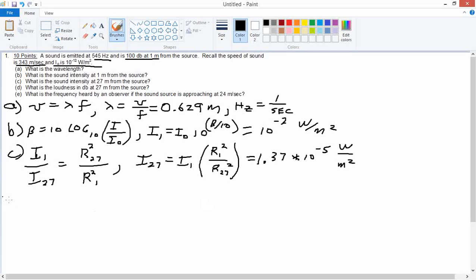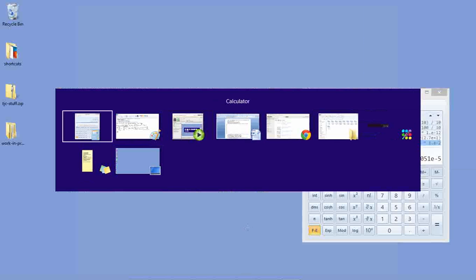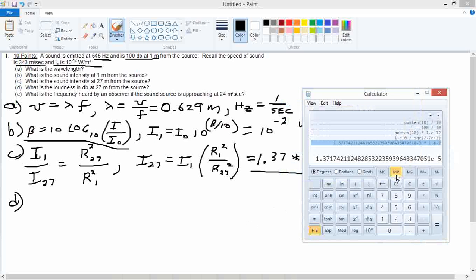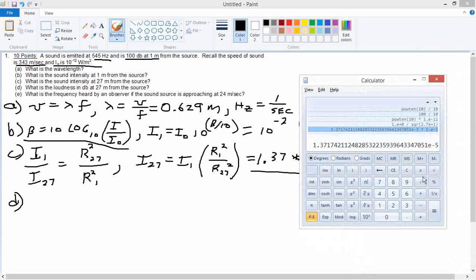Okay, D. Now, convert it back to decibels. We've already got the equation, and we've got the intensity right there. So it's just plugging and chugging. Oops, come back, calculator. There we go. So it's divide this by the reference intensity, 10 to the negative fifth divided by 10 to the negative 12th.